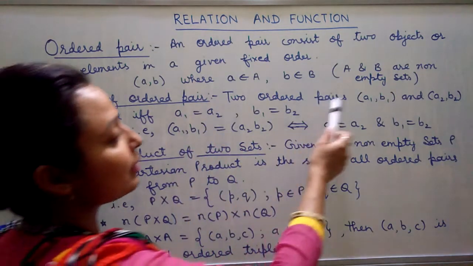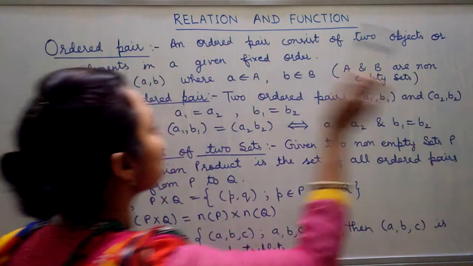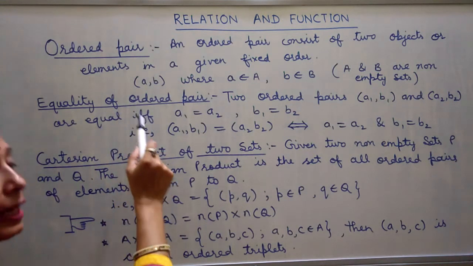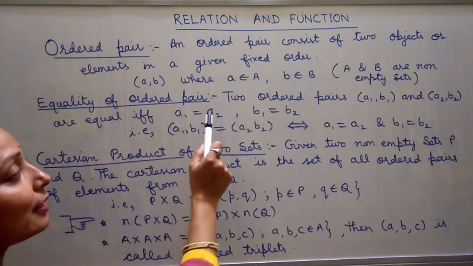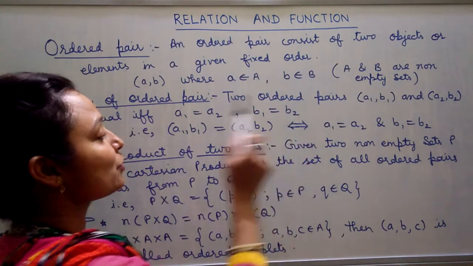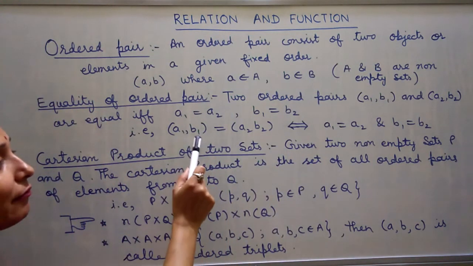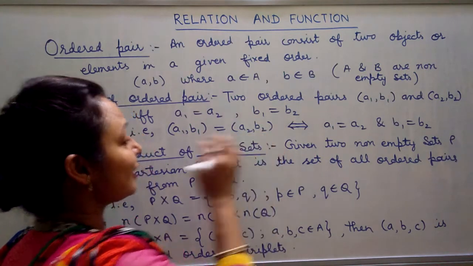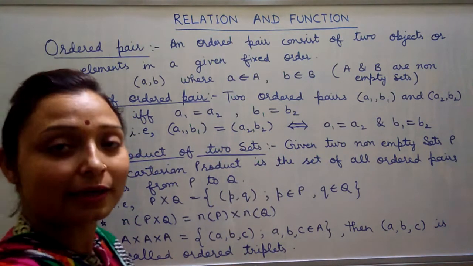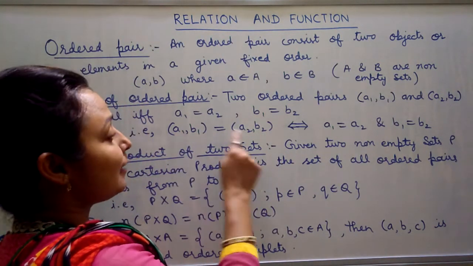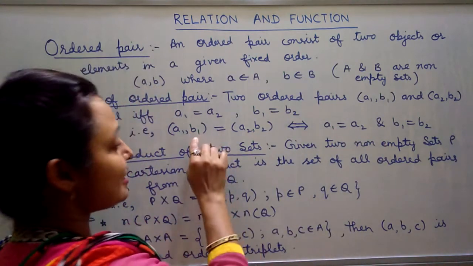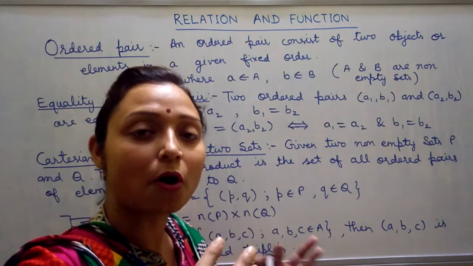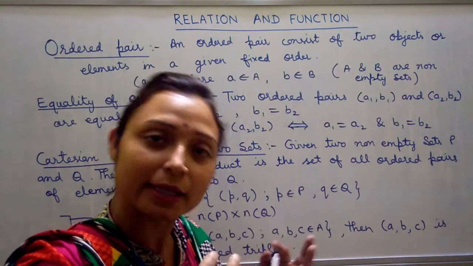Two ordered pairs (a1, b1) and (a2, b2) are equal if and only if, meaning necessary and sufficient condition, a1 equals a2 and b1 equals b2. That means if these two pairs are equal, the first element will equal the first and the second element will equal the second. We can say that the corresponding elements are equal.